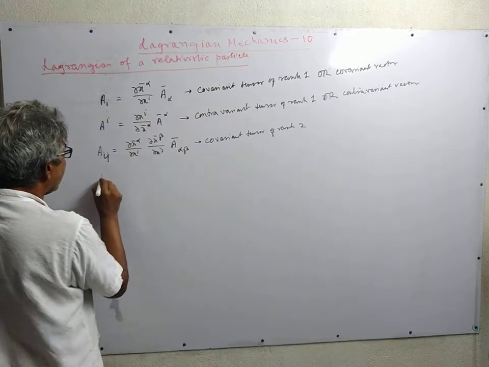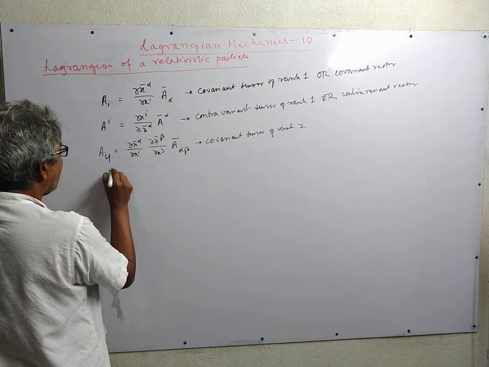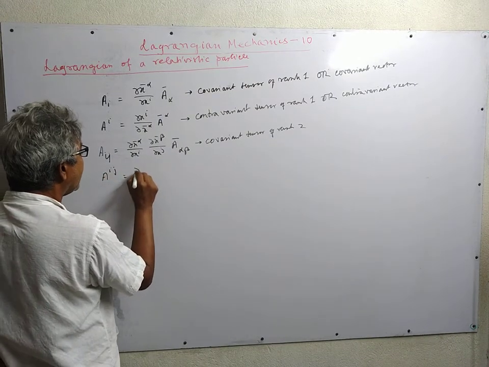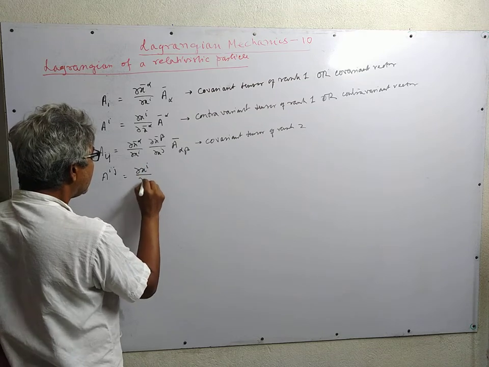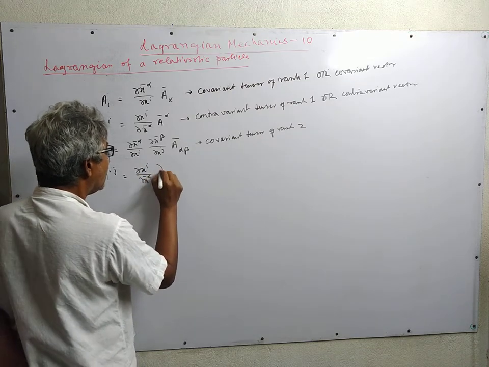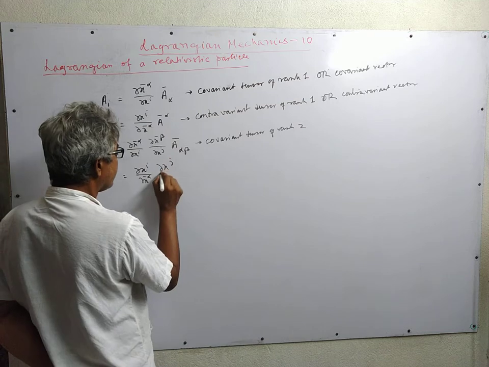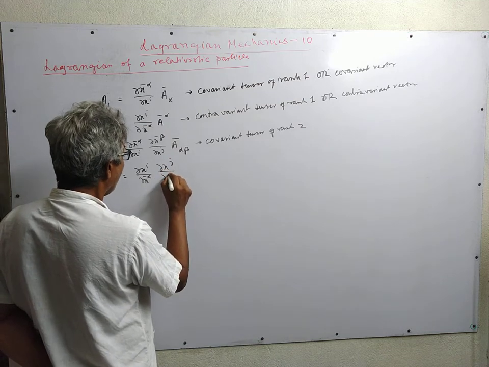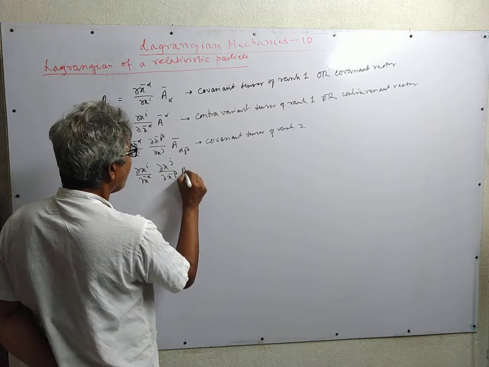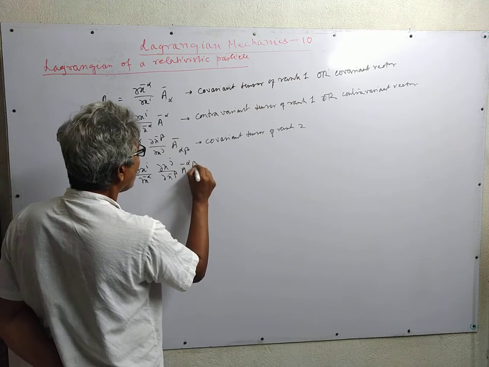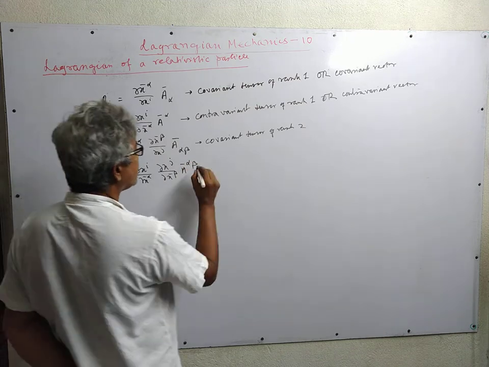Similarly, a contravariant tensor of rank 2 is defined as this. This is a contravariant tensor of rank 2.